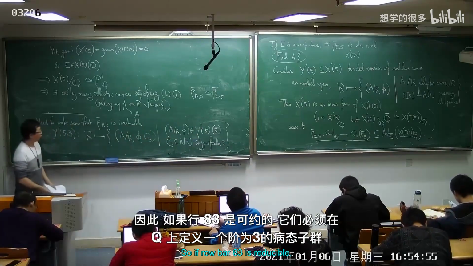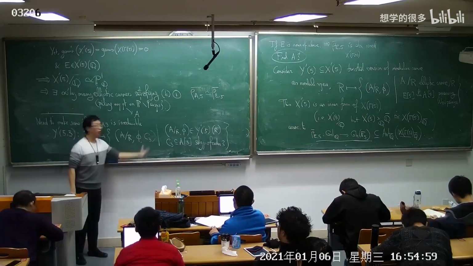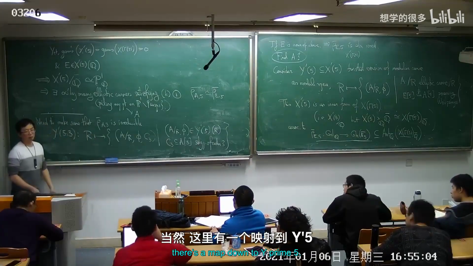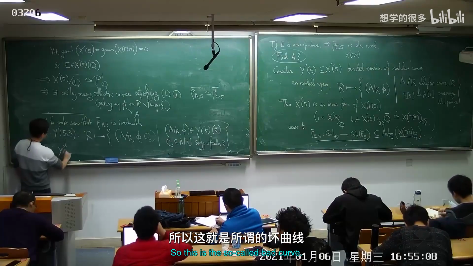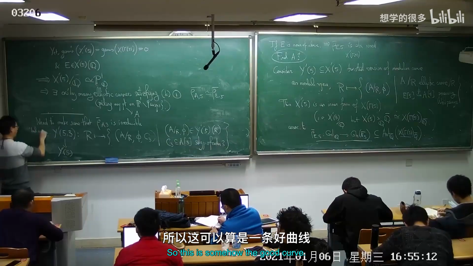If rho bar A3 is reducible, then it must have a cyclic group of order 3 defined over Q. So any points on here will be a bad point. Of course, there's a map down to Y prime phi. So this is the so-called bad curve, and this is somehow the good curve.